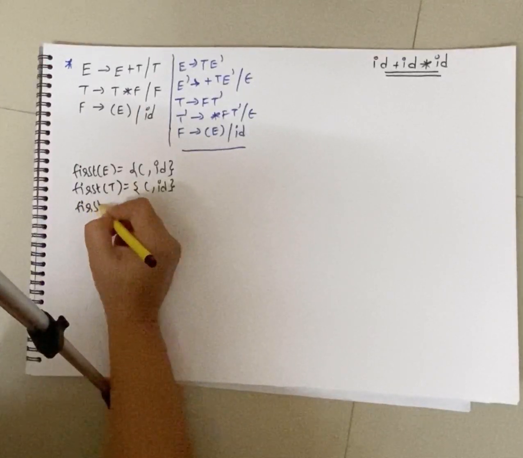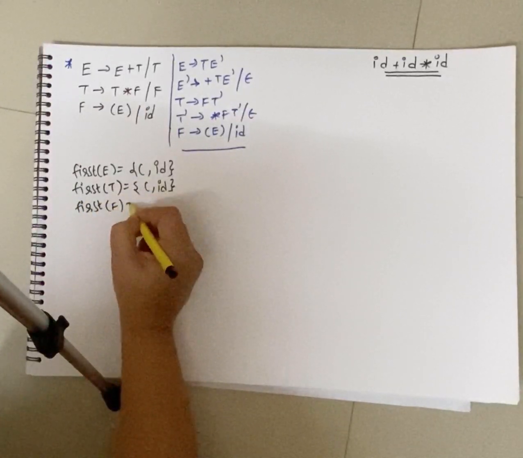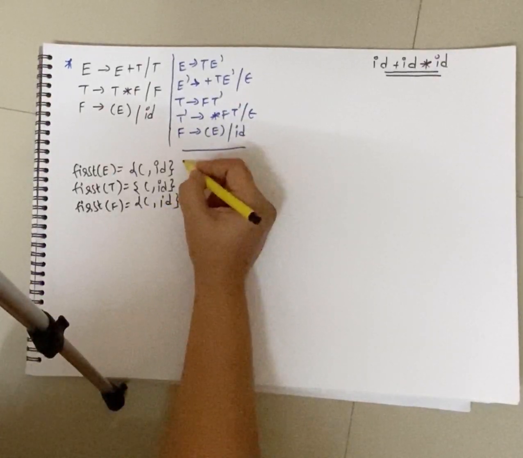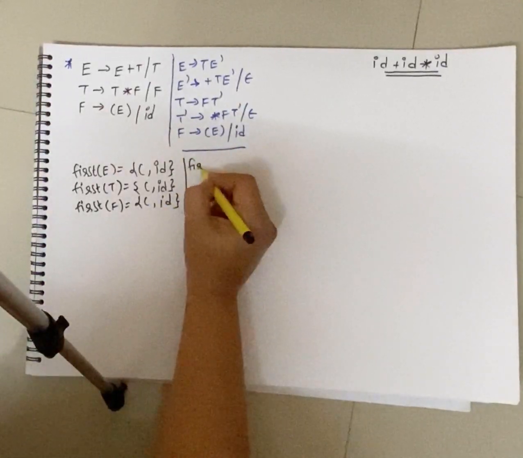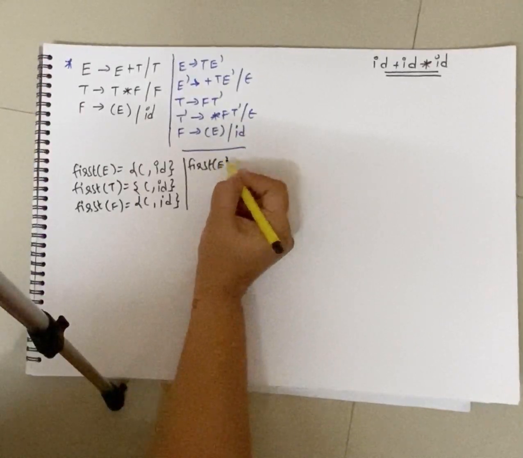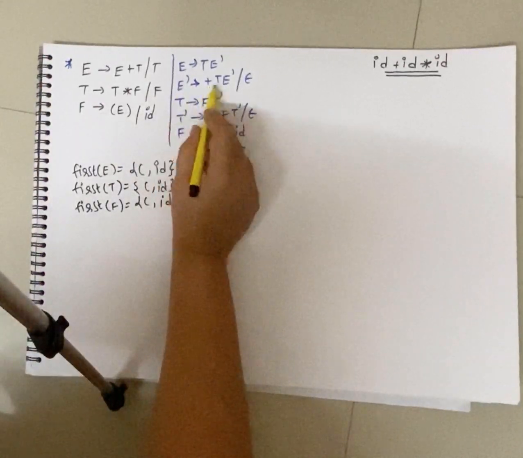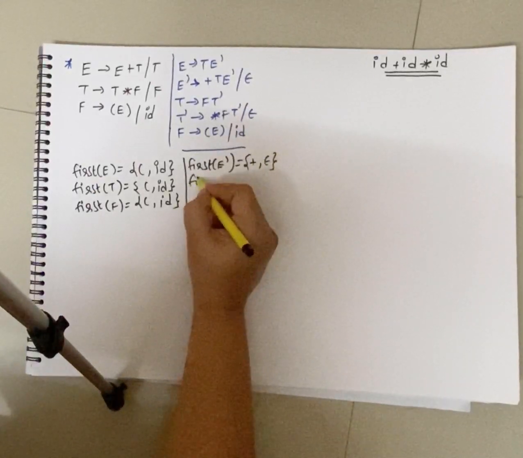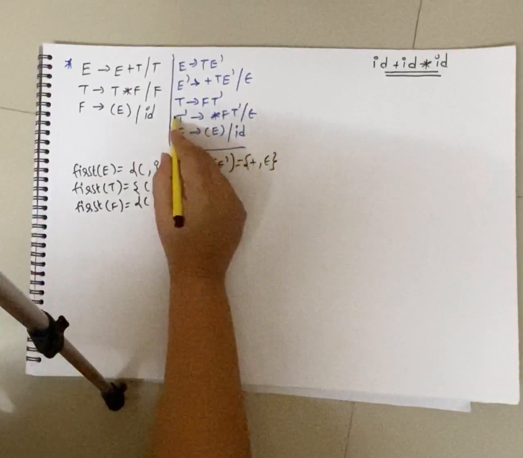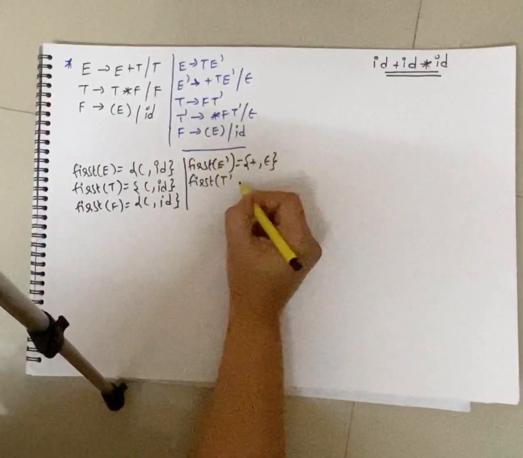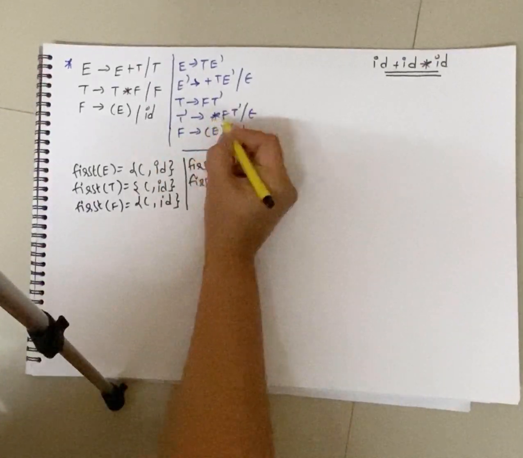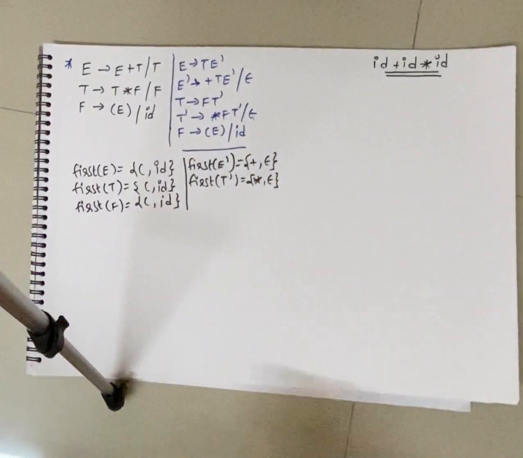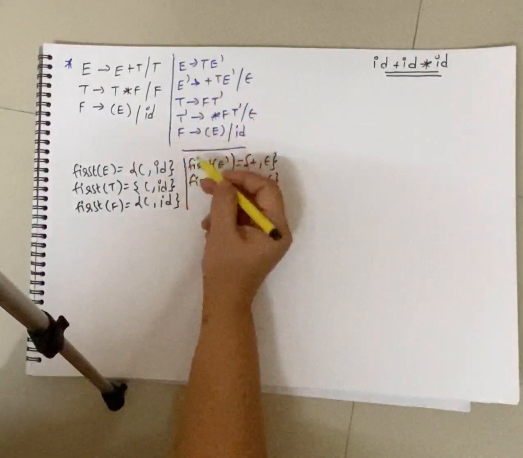First of F is again opening bracket and id. First of E dash is plus and epsilon. First of T dash is star and epsilon. Moving ahead, we have calculated E dash, T dash and F.